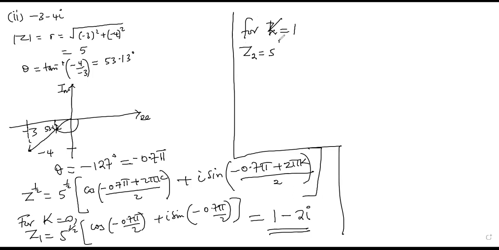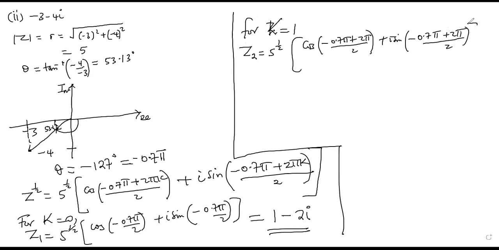It will be 5 power half into cos negative 0.7 pi plus 2 pi over 2 plus I sine negative 0.7 pi plus 2 pi over 2.